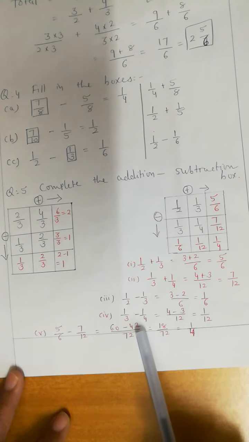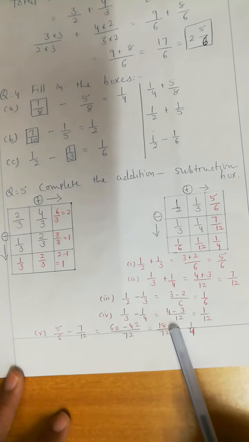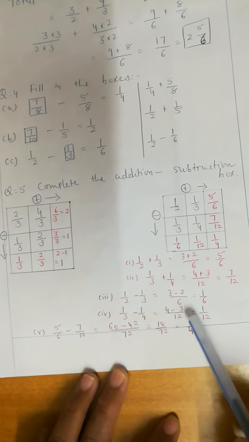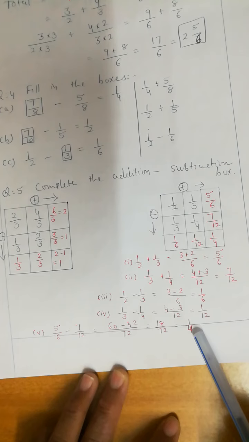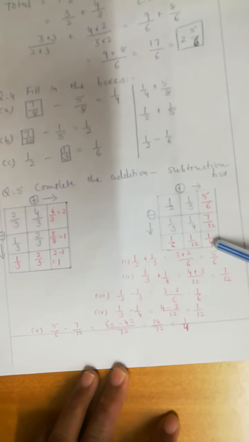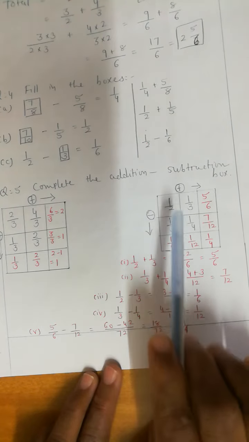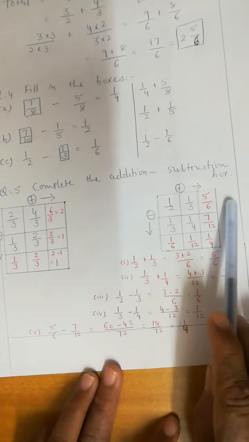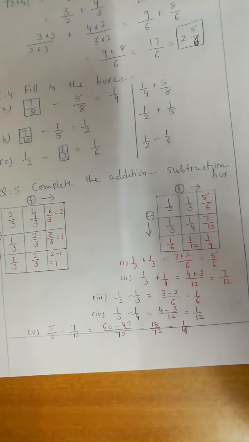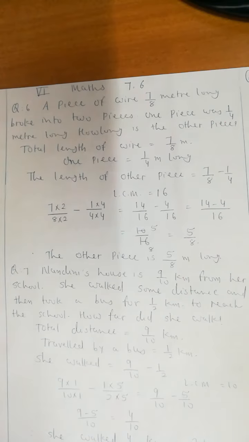Now 60 minus 42, 18 upon 72. Now cut, 18 ones are, 18 fours are. Therefore your answer here will be 1 upon 4. Means do the sum, add horizontally and subtract vertically and you can fill the box.